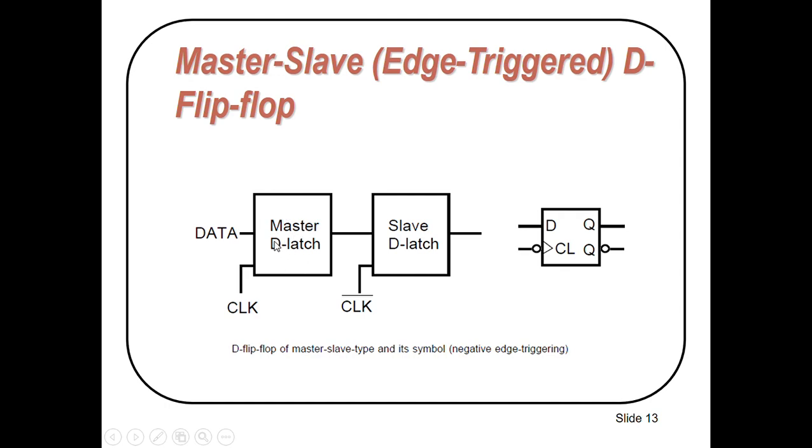This is the master D latch and this is the slave D latch. This is the data input, this is the output, and these are two different clocks: one is clock and another is clock bar.